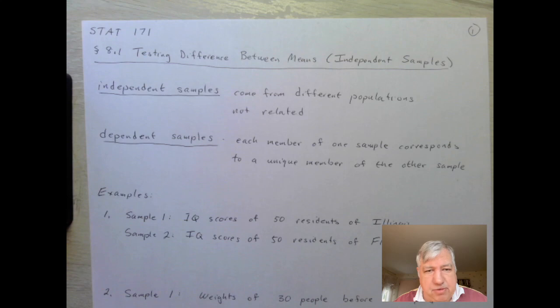If samples are dependent, then each member of one sample corresponds to a unique member of the other sample. That means in particular that two dependent samples have to have the same size. One example of a dependent sample would be before and after measurements, like after a diet or something like that.